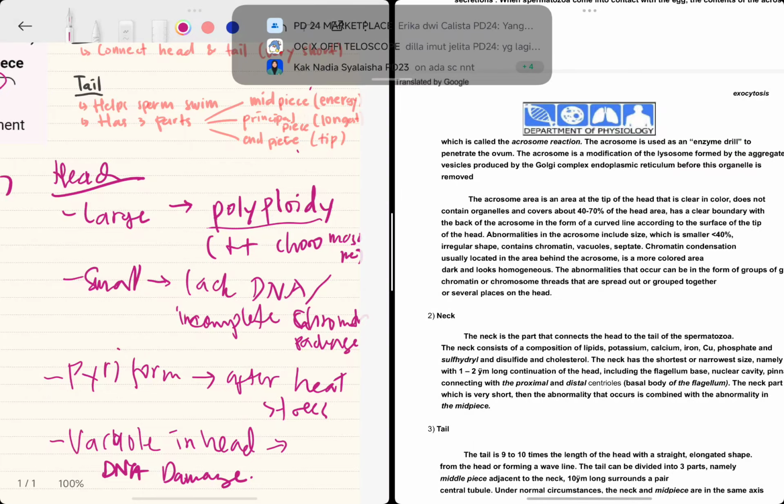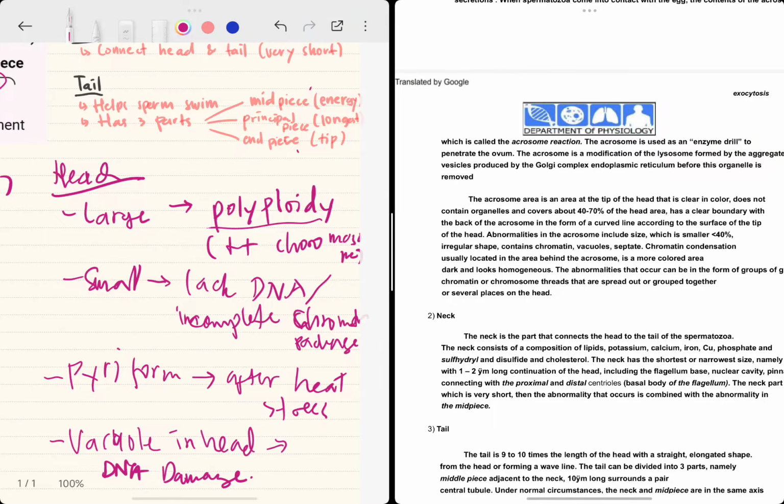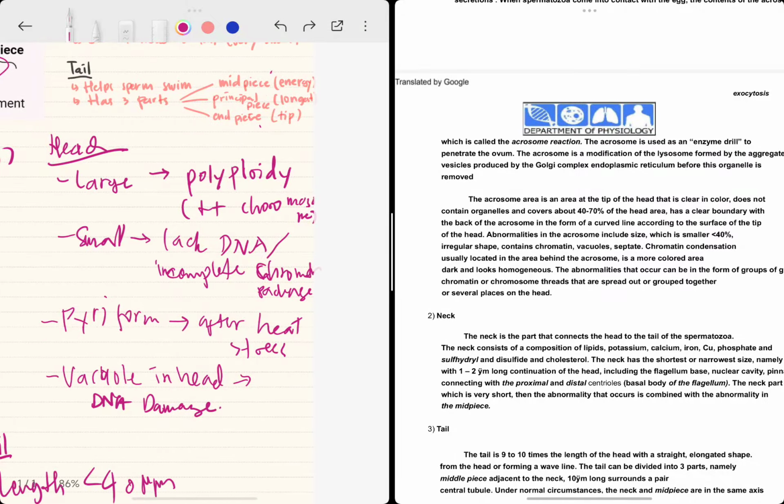For the small head, or microcephalic, it is because of a lack of DNA or incomplete chromatin packaging. We also have the piriform, or pear shape, which is often seen in varicocele or after heat stress.